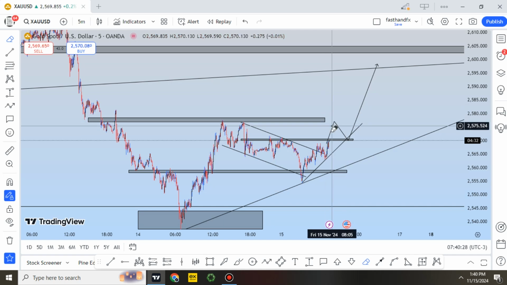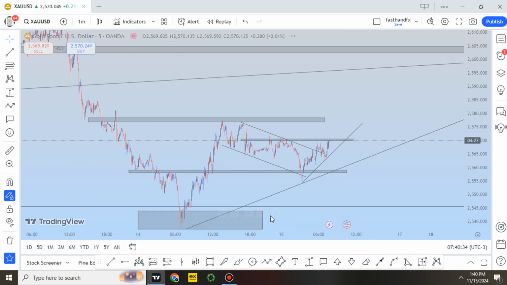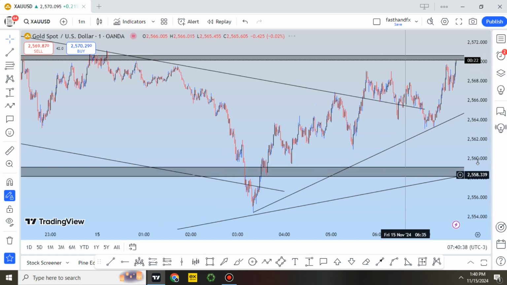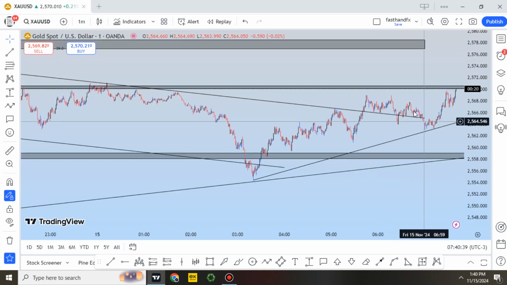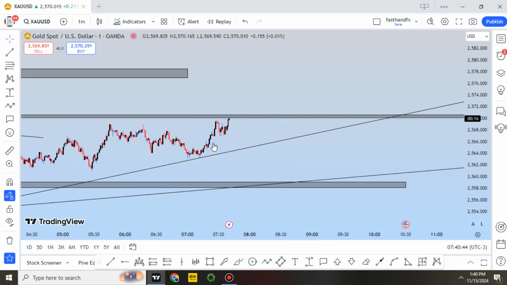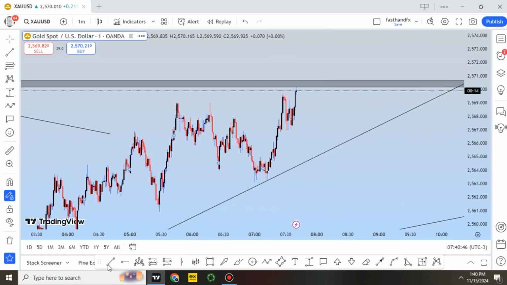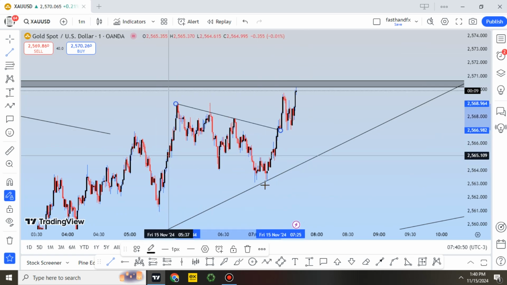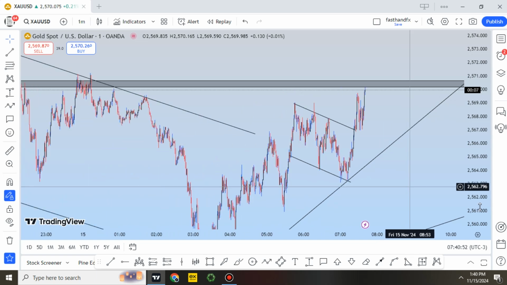So let's see the 1 minute too, what the market is doing at that level, right? So it kind of makes sense. Let's just have this right here. For me it makes sense because I see we had a bullish continuation right here on the 1 minute. It's a bullish continuation right there.